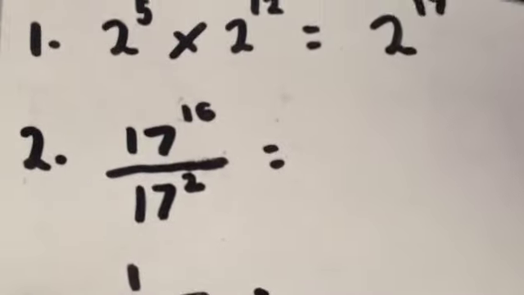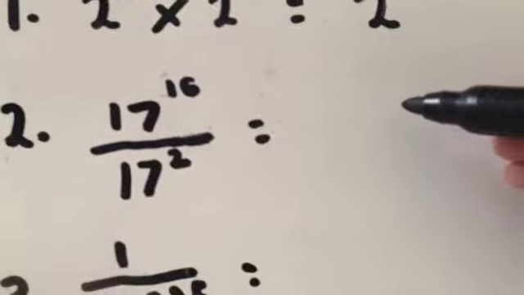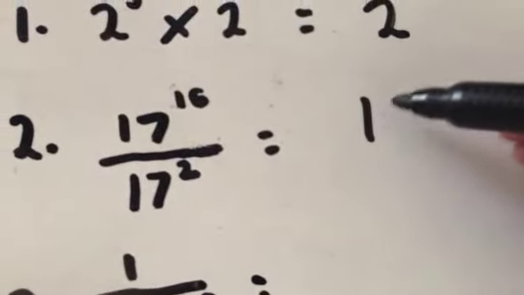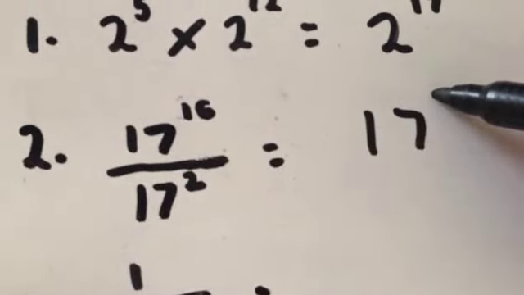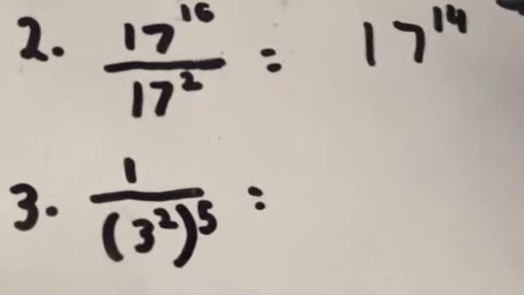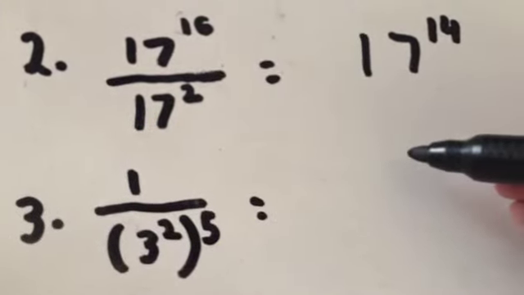Next question is 17 to the power of 16 divided by 17 to the power of 2. Remembering to subtract the powers. So here it will be 17 to the power of 16 minus 2, which is 14. Next, we'll look at 1 over 3 to the power of 2 brackets to the power of 5.